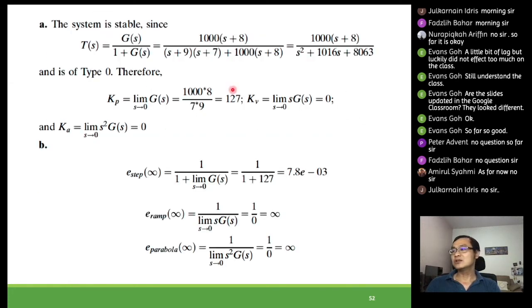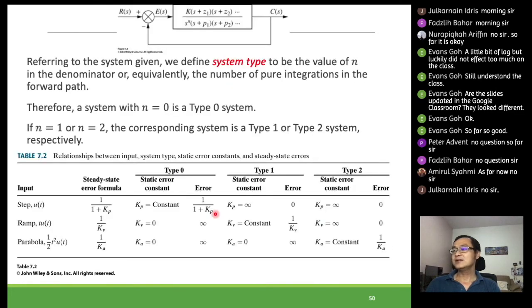So go back again, and you can see that this constant value only corresponds to a particular system type when the input changes. And obviously this Kv only becomes constant when we are dealing with a type 1 system.